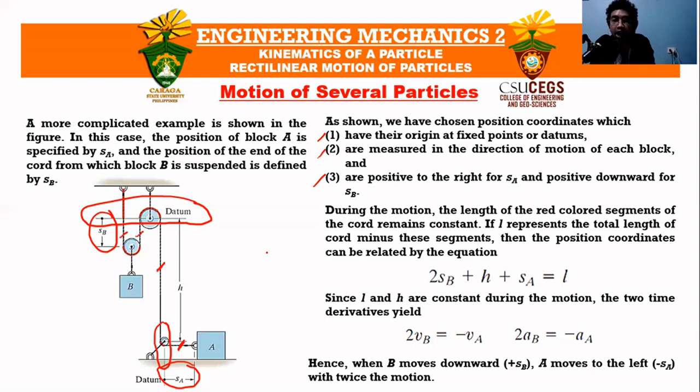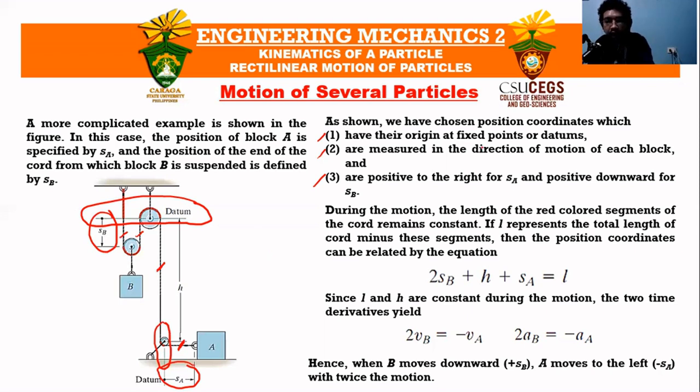Since L and H are constant during the motion, the two time derivatives yield the following: 2VB is equal to negative VA, and for the acceleration, 2AB is equal to negative acceleration of block A. Hence, when B moves downward, A moves to the left with twice the motion.